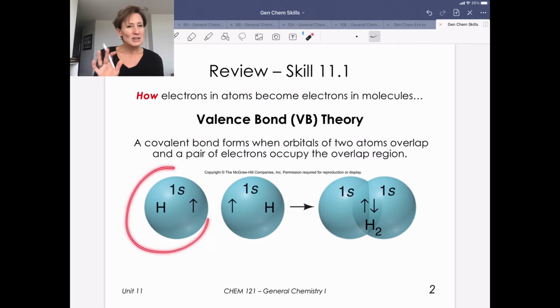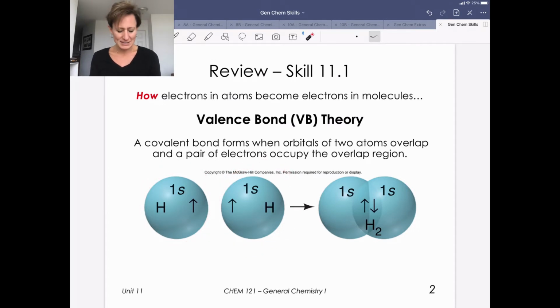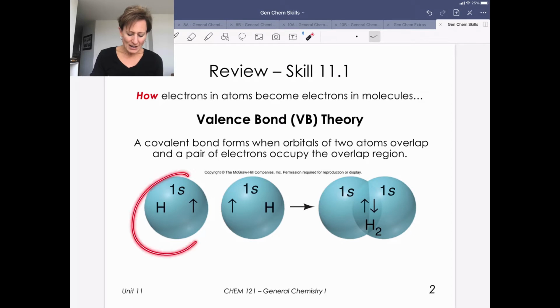So again, the simplest example we could have here is where we're forming hydrogen gas, the smallest atom, the simplest element that we have here, only one valence electron. No hybridization required. We've got a hydrogen atom with a single electron in a 1s orbital, interacting with another hydrogen atom with its single electron in its 1s orbital.